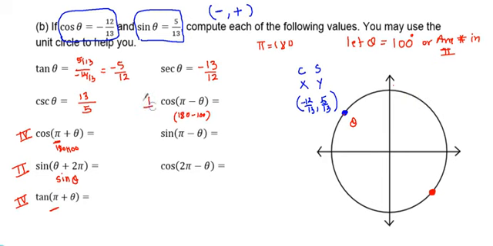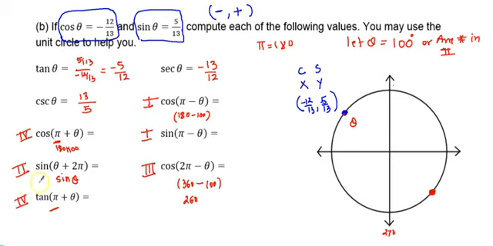So that's my location, first quadrant, which means the reflection is going to be in the first quadrant. 2 pi is 360, and theta is 100, so 360 minus 100 is 260 degrees. We know that this is 270, so 260 is in the third quadrant.